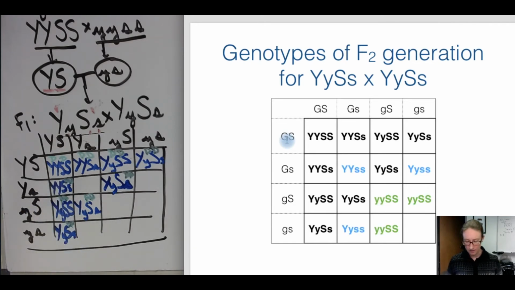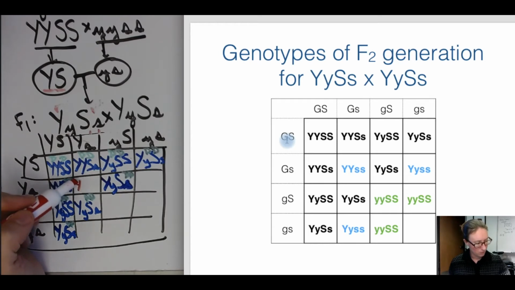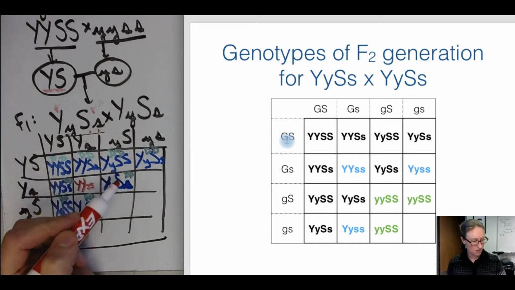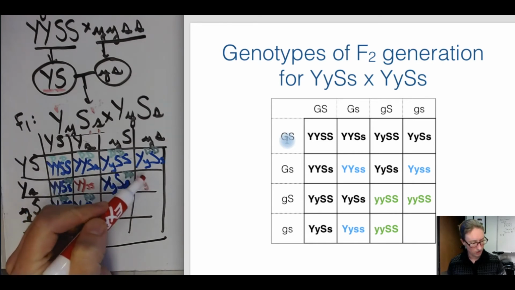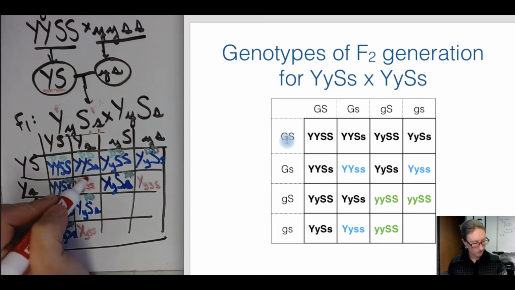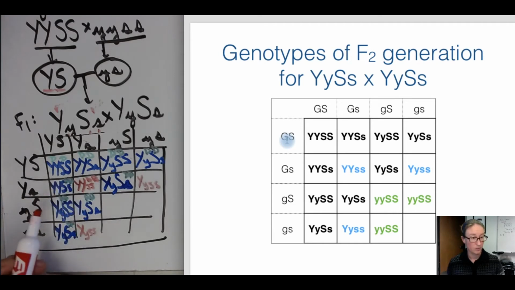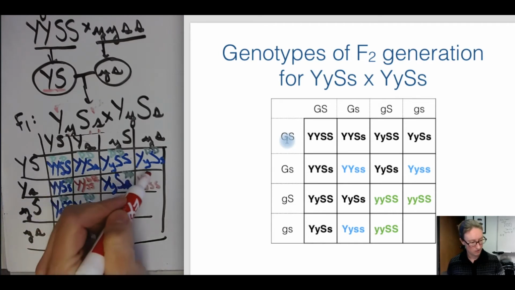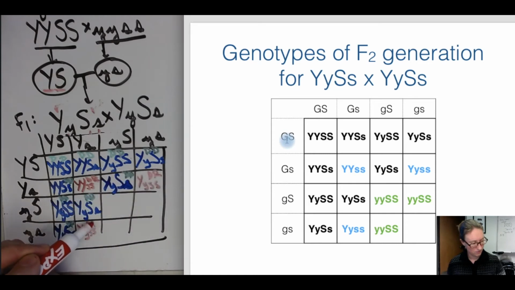So if we keep going, here's what's going to show up in some of the next squares. So at this point, I've got big Y, little s, little s. Here I've got big Y, little s, little s. And then here I've also got big Y, little s, little s. And so these three individuals are dominant for color and recessive for shape. So dominant, recessive. Okay.